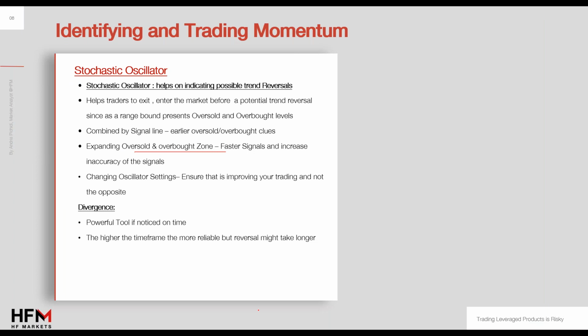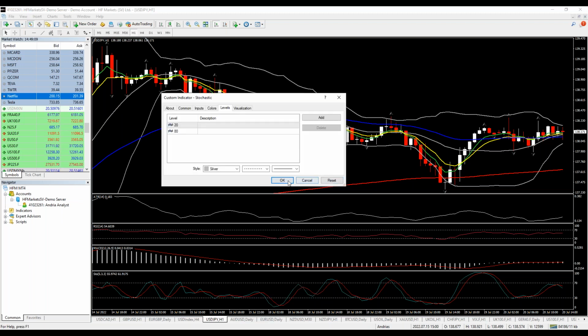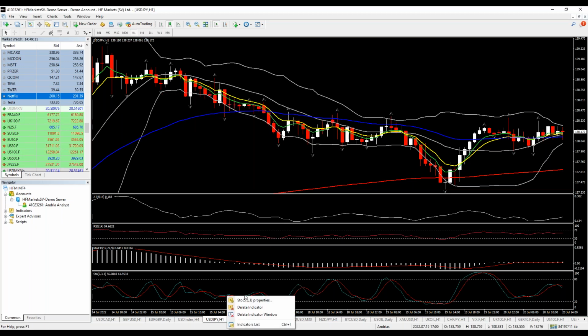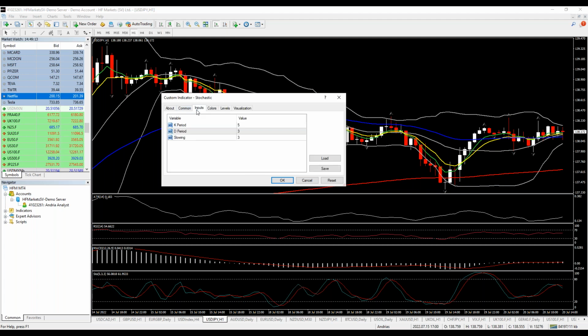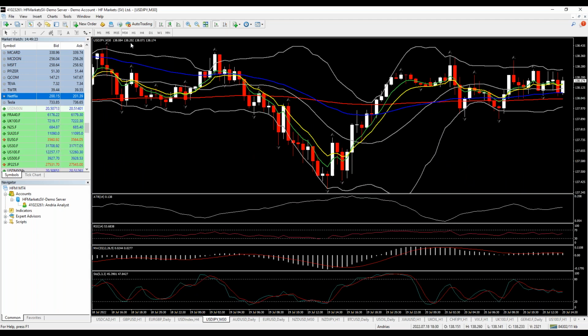Again, you can change settings. Let me reset it. You can change the settings, the time frames, the values over here. The default one is 14, 7, 7. I have changed it to 5, 3, 3 because I'm using it on 1 hour or 30 minute charts.